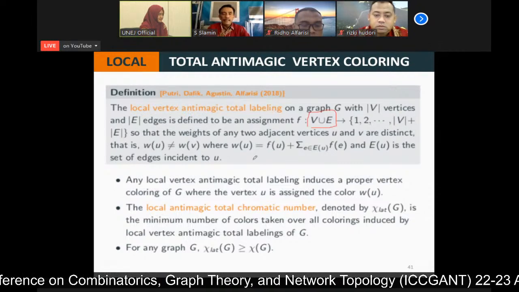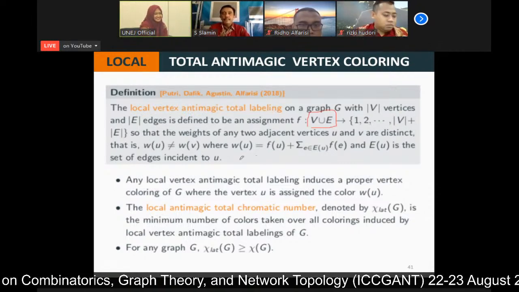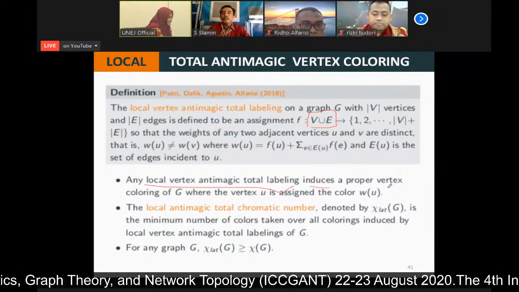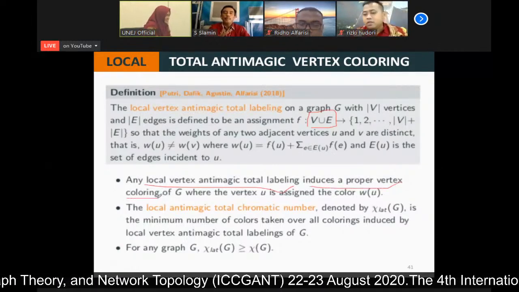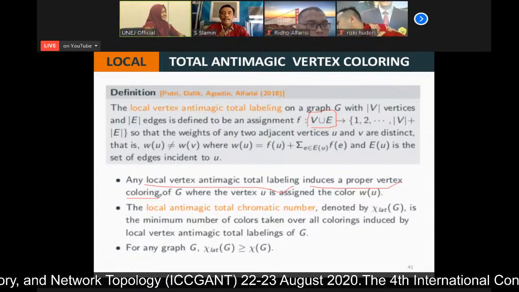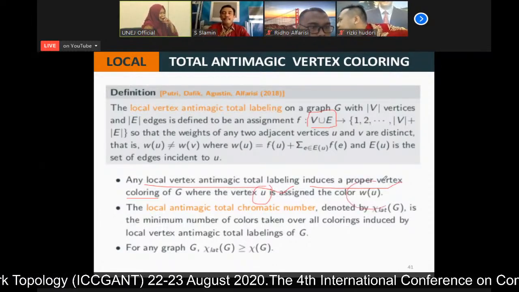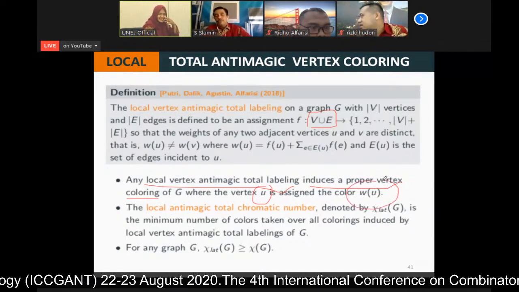Otherwise similar. Of course, this kind of labeling also induces a proper vertex coloring of G, and the color of U will be assigned by the weight of U.